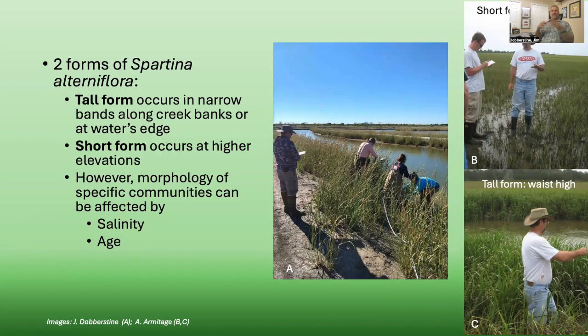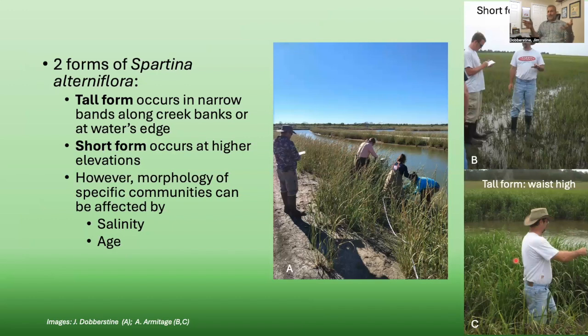And they oftentimes occur in a relatively narrow band, right, kind of in that area along the bay. So you can see here, this tall form down in image C here is up to this gentleman's waist, right? And so this is along an area that is a creek. It's predominantly fresh water, and so they can grow really high.